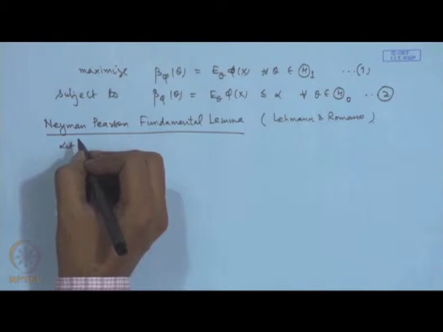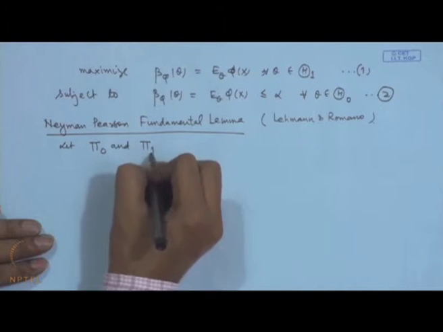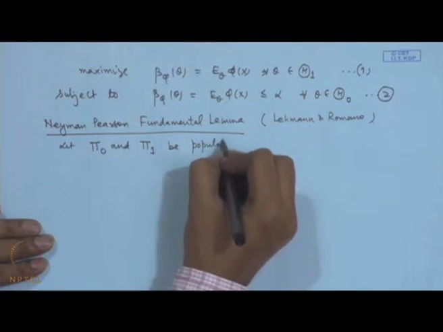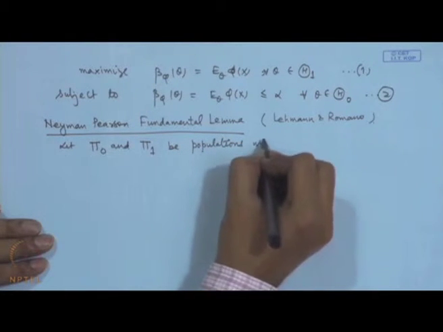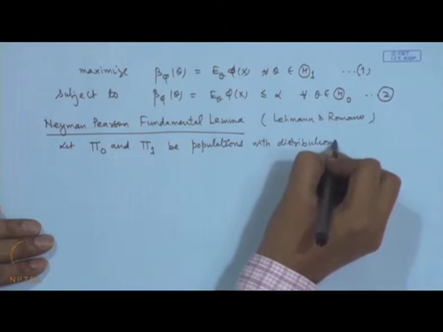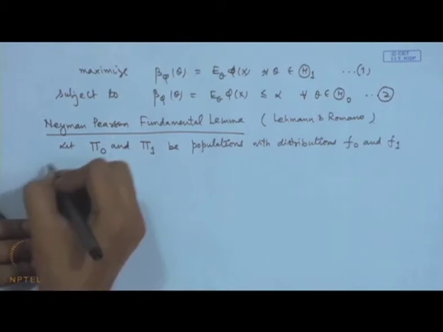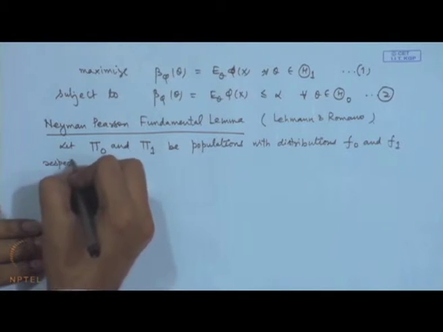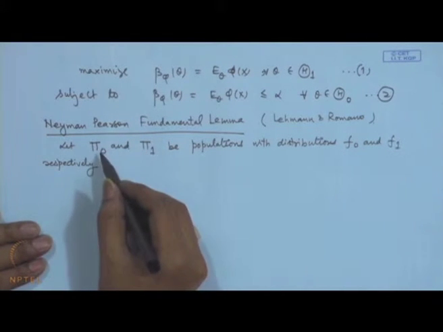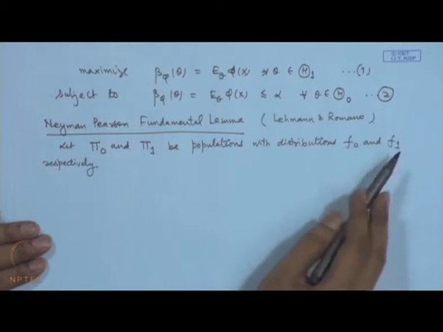Let pi naught and pi 1 be populations with distributions, say f naught and f 1 respectively, and certainly we have to assume a probability measure with respect to which these will be the probability mass functions or probability density functions.